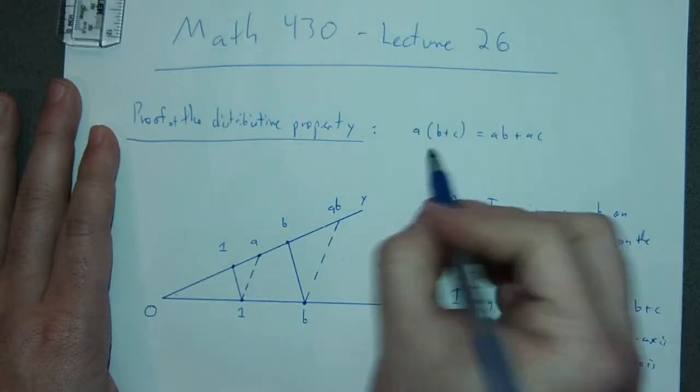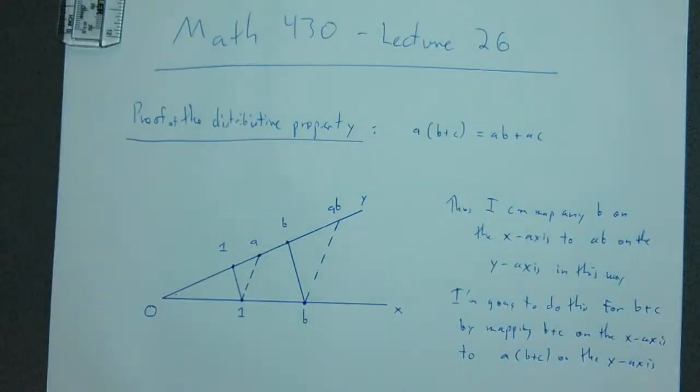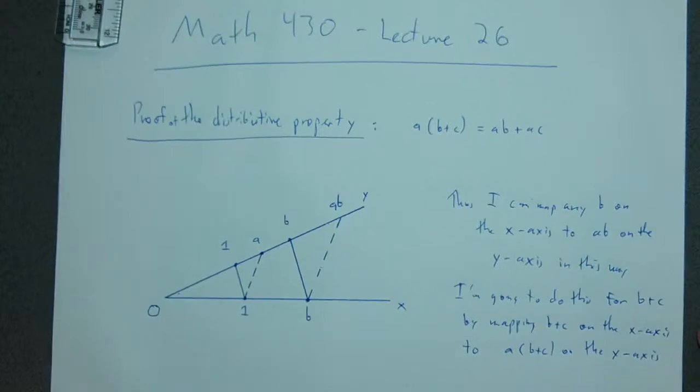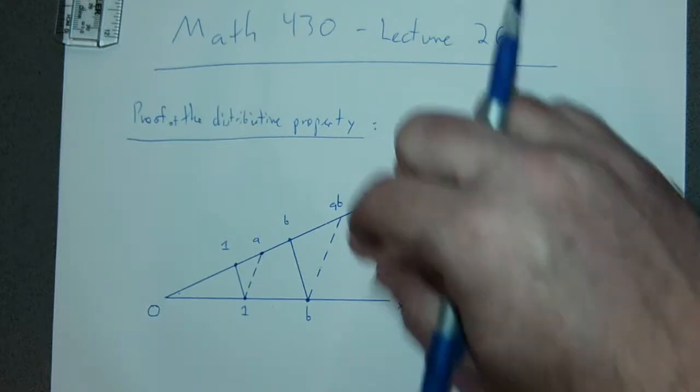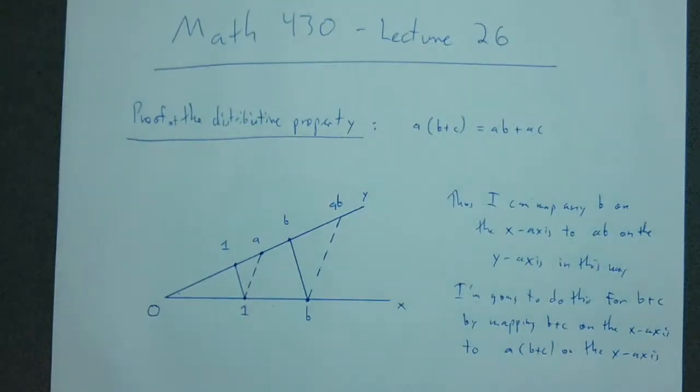All right, which of course is my left-hand side of the distributive property. Okay. So that's where I'm going with this, but that's why it is important enough to do this separately, so that I don't make too many construction lines on the diagram I'm about to draw, and to show how this works. Okay, so all this is just construction of multiplication on the y-axis. Okay, it just seems a little weird because it's like you're mixing the axes here, but that's fine. This is part of the interchangeability of the axes.